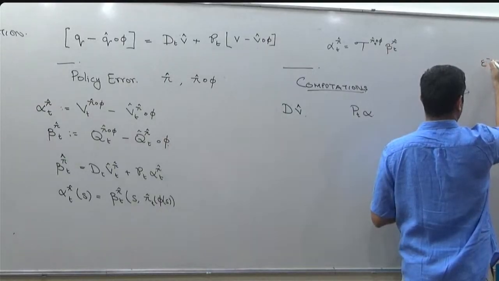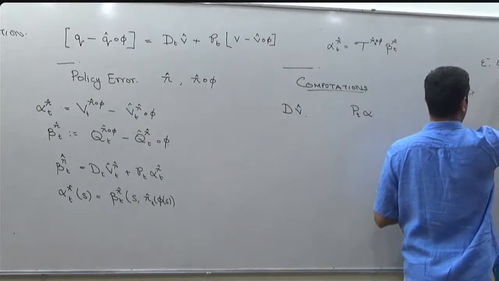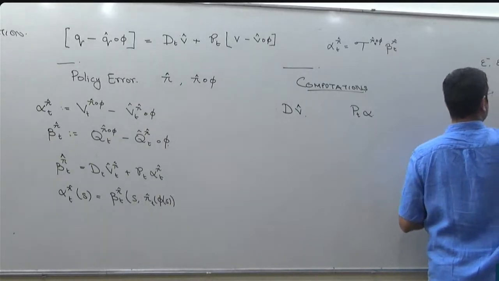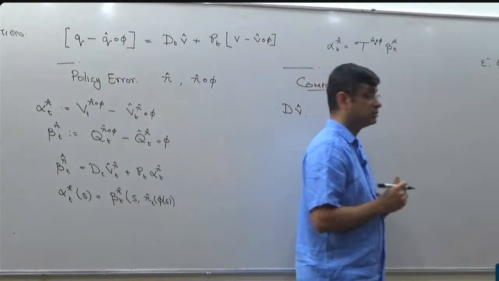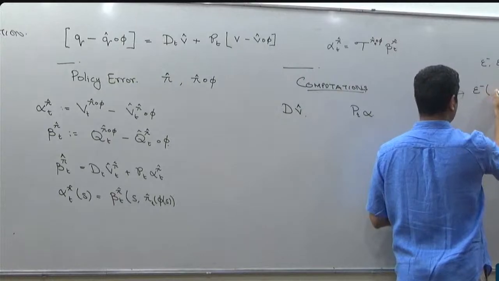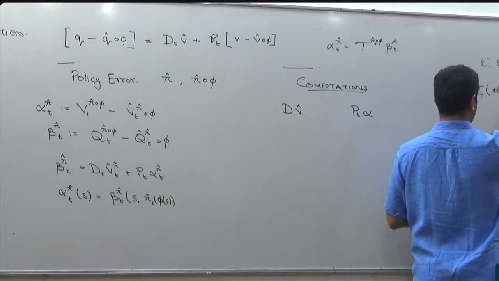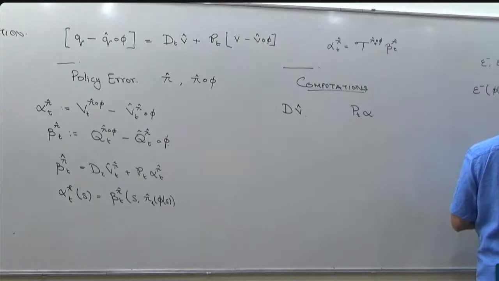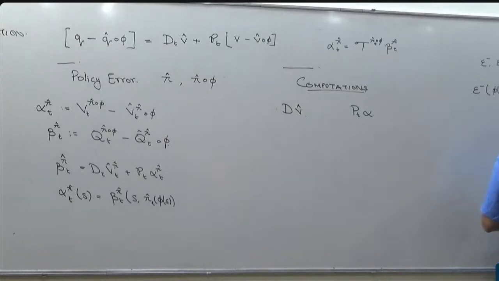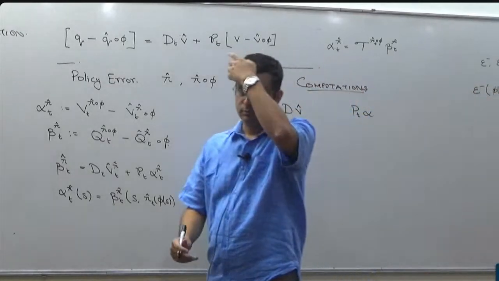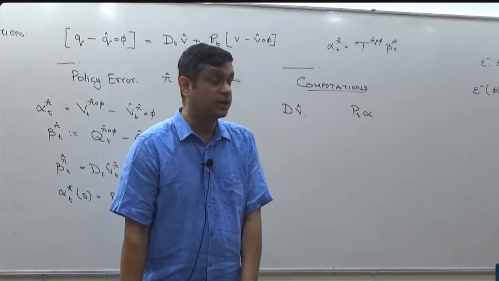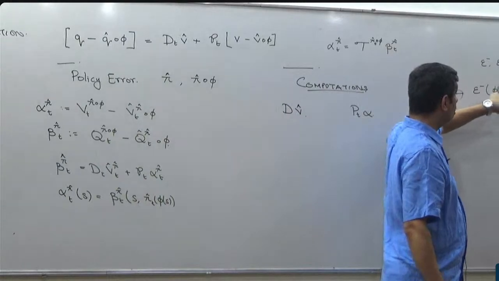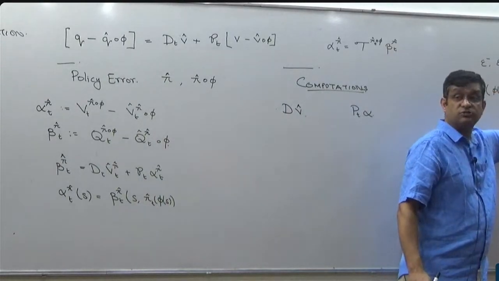There is epsilon lower bar and epsilon upper bar, which belong to the Q function of the hat model, such that epsilon lower bar of phi of S and A is less than or equal to C of S and A minus C hat of phi of S and A is less than or equal to epsilon plus of phi of S and A. So, epsilon lower bar ends up being constant for all states which map to the same quantized value.